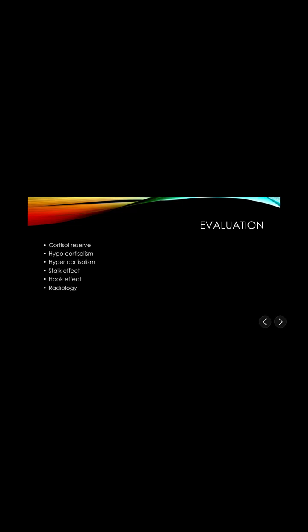Then you give the ACTH, and then you again check the cortisol levels after some time, like 1 hour, half an hour. In the normal response, when you give ACTH, the cortisol will peak. Its level will be more than 18 micrograms per deciliter, and there will be an increment of more than 7 micrograms per deciliter.